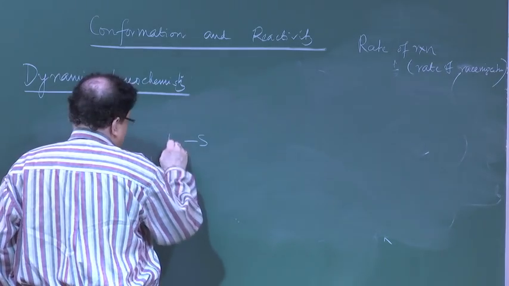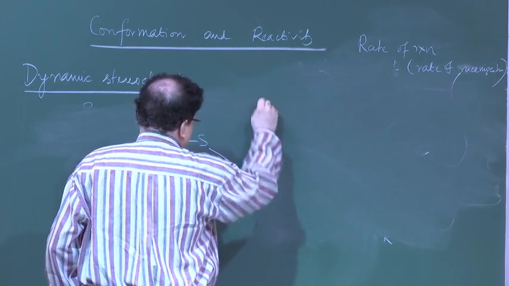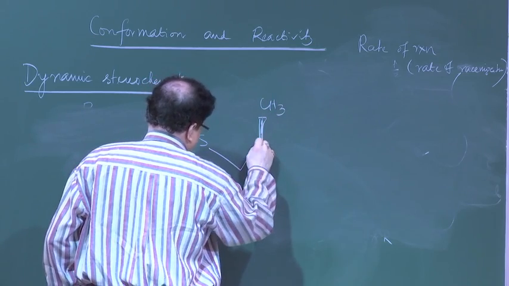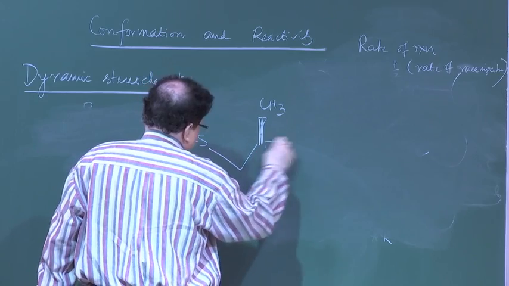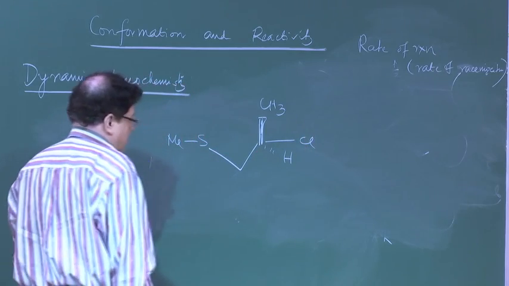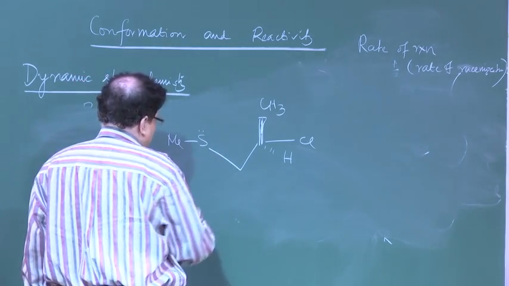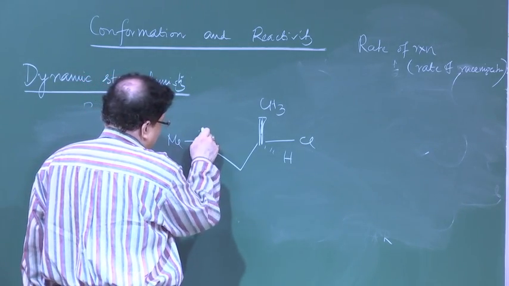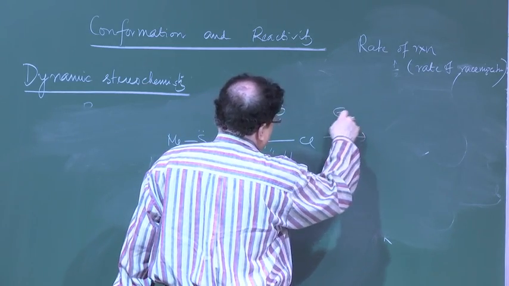That was the S Me and this was a chiral center with CH3 and a hydrogen and a Cl. So that was the starting material. Now you do the reaction trying to displace with OH minus, suppose.